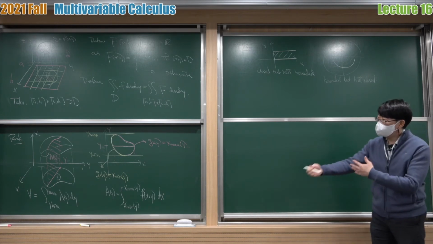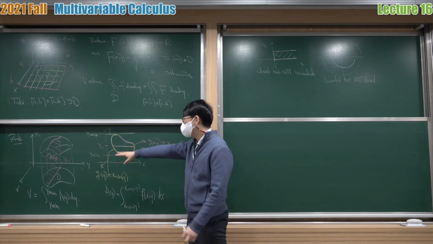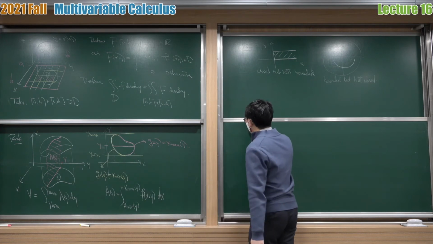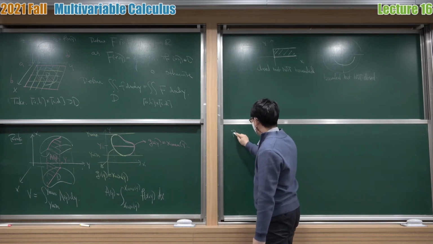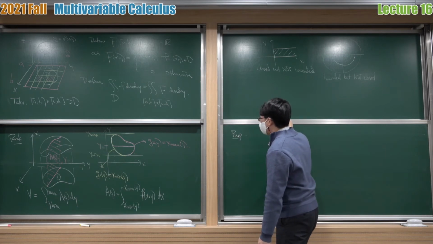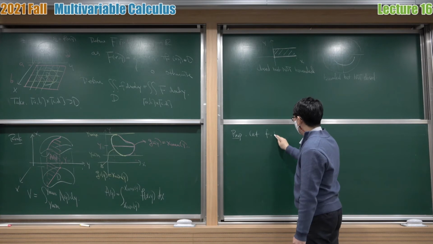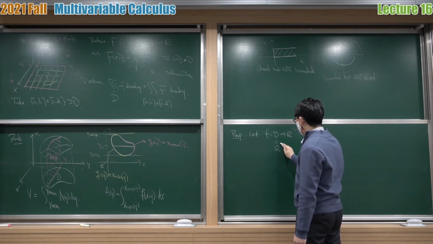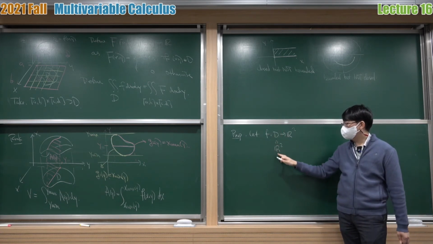So you can try to write a definition of the iterated integral for a non-rectangular domain. Let me give a proposition here. So let f be a function defined on two-dimensional space, a two-variable function, and the domain is a general shape.